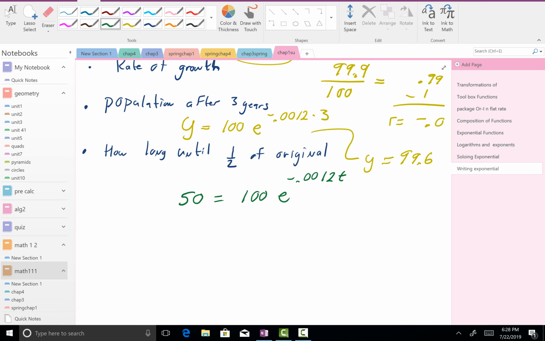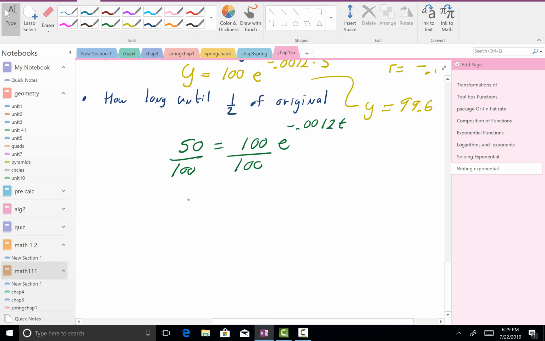All right. So since it's the same thing, what should we do? What did we do last time? What are we going to do with this? Yeah, get rid of the 100. All right, good job.